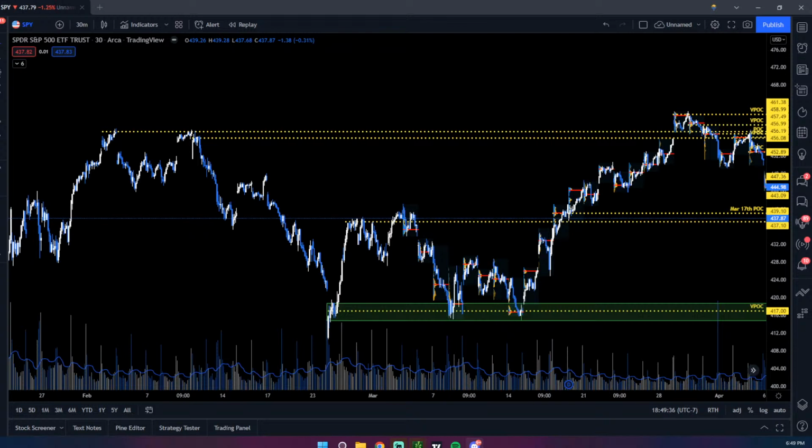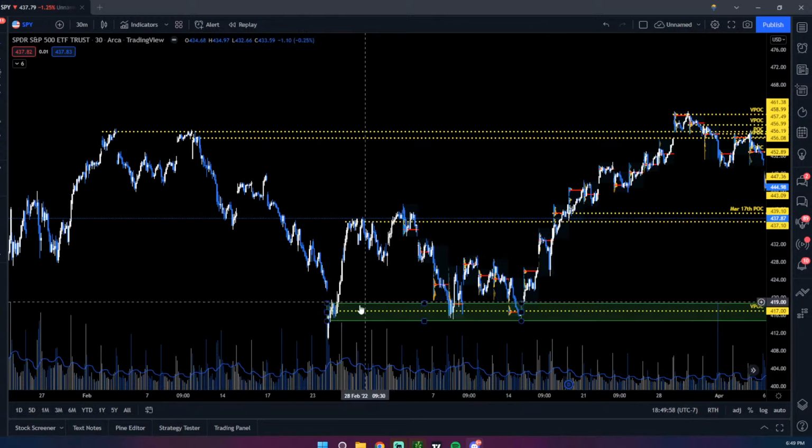Well, if they're still extending, they're going to be virgin POCs. So they're going to act more as support and resistance, and also price magnets. I don't extend them for the reason that, like you said, once they're touched, they don't extend anymore.